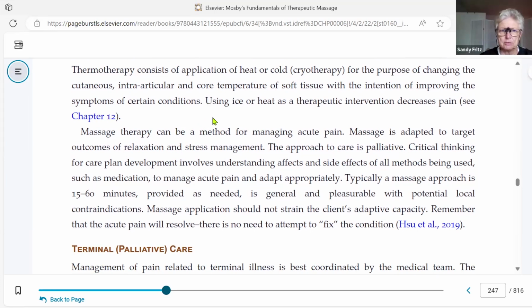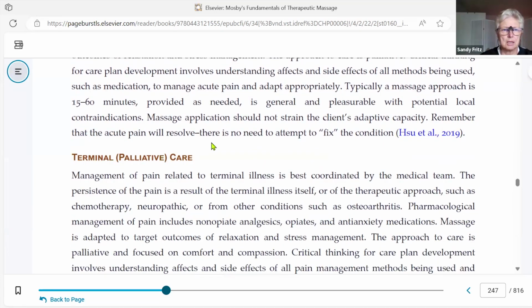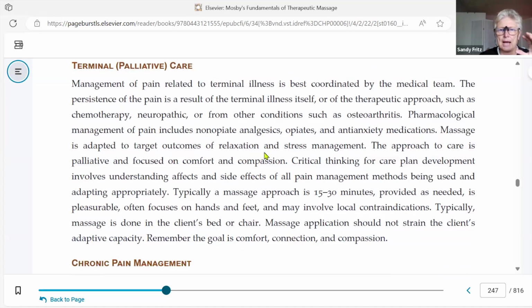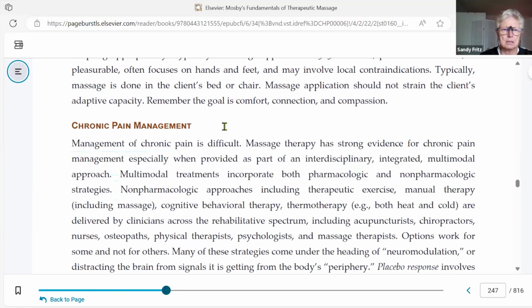symptom management strategy. And then we have our terminal or palliative care and how that is treated, and that is certainly a comfort care. And the hospice, heard of hospice and how it is an important part of managing end of life care, and so the person is not experiencing pain.